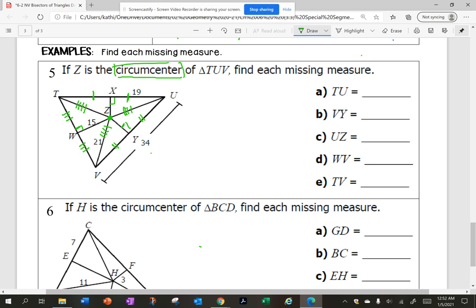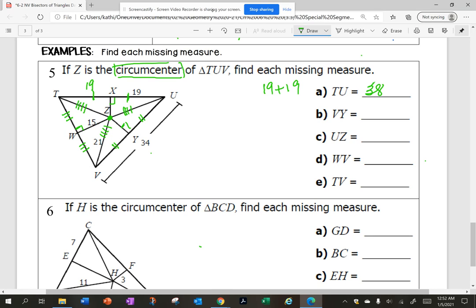Okay, so T to U is the whole thing. So if I know segment X to U is 19, I know T to U is 19. So this is going to be 19 plus 19, which is 38. Okay, so V to Y. So here, what is V to Y?